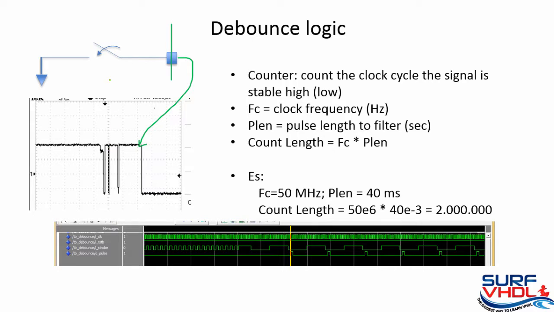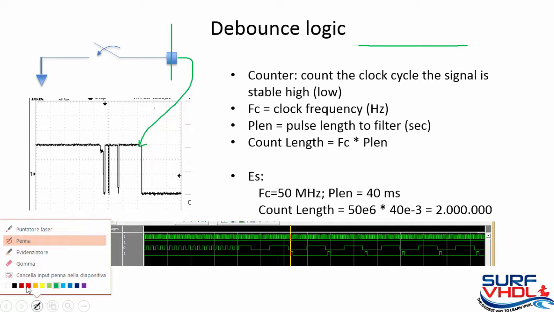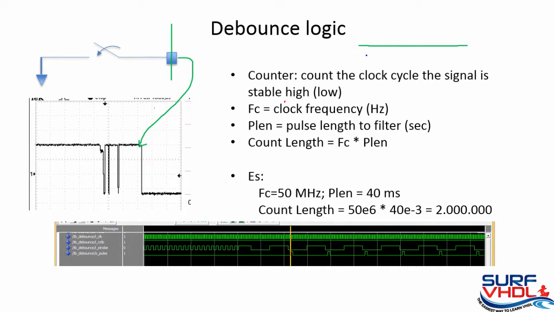So when we close the switch, the FPGA sees this bouncing at the input. Why? We can represent the analog threshold at the input of the FPGA. We can represent the analog signal when we close the switch as something like that.